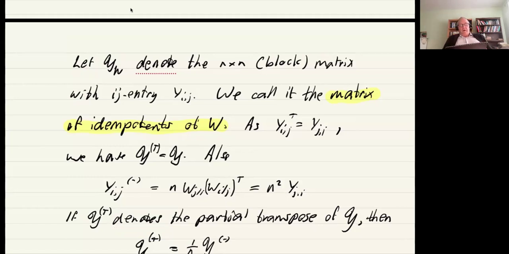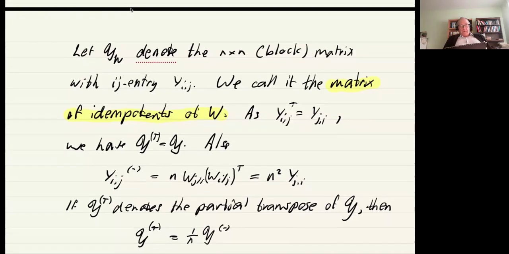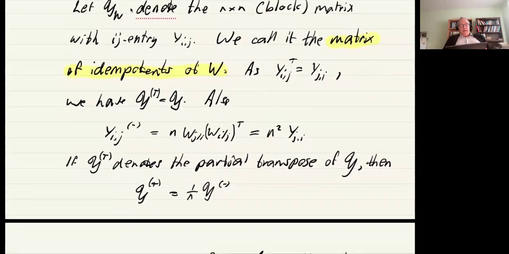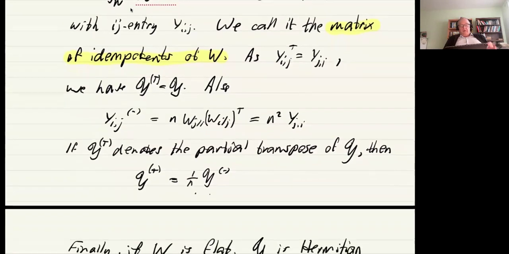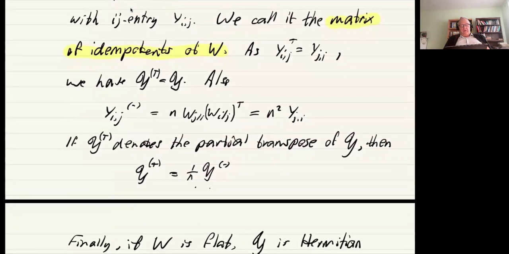So we have a circle and a minus for Schur inverse. And we can also check that if you take the Schur inverse of each block, then the resulting matrix is n squared times the transpose. And finally, you can get the transpose as 1 on n times the Schur inverse. So there are properties there which fall out. None of these are difficult.